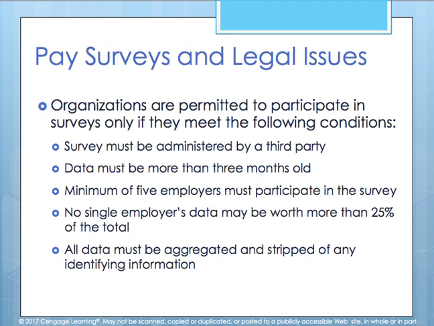And all of the data must be aggregated and stripped of any identifying information, meaning that you're removing anything that can let a person know what company it is. It has to just be raw data, just the facts, Jack, right? But nothing that lets you know that this is Walmart or this is Citgo or this is Porsche.